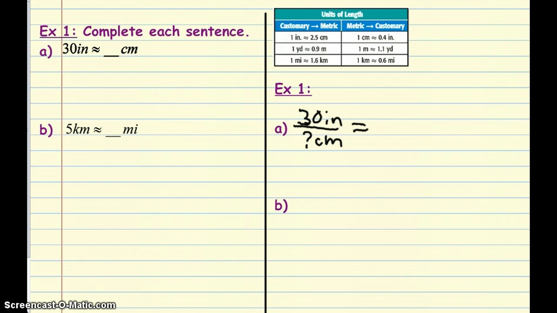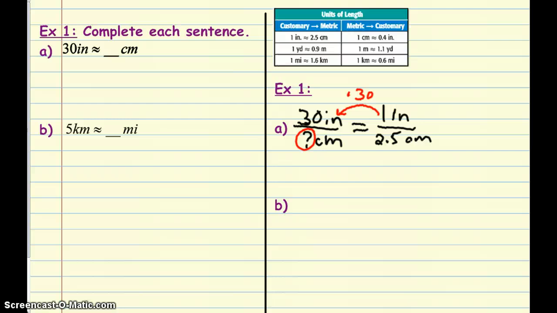Looking up at the table, what information do we know about inches and centimeters? We know that 1 inch is equal to 2.5 centimeters. From here, we want to figure out the missing value. I take a look at my two ratios, my fractions, and look for something I can easily multiply. I see 1 in the numerator of the second fraction and 30 in the first, so I can multiply 1 by 30 to make 30.